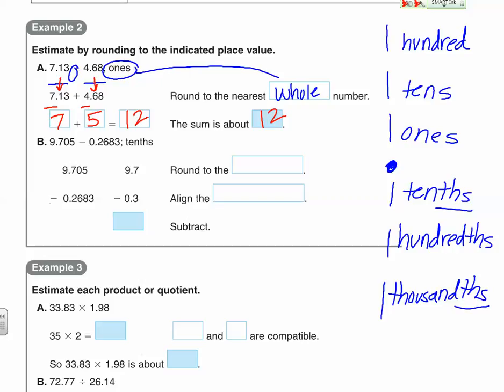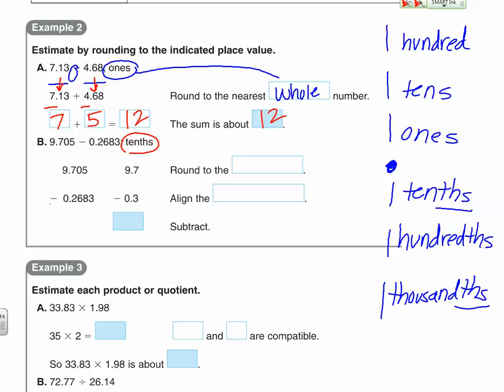Letter B. We have 9 and 705 thousandths minus 2 and 683 ten-thousandths. And this time we're going to round to the nearest tenths place value. So Panthers, remember when we round these, the last digit in our rounded answers is going to be in the tenth place value.